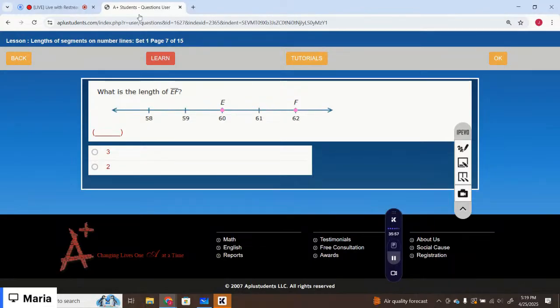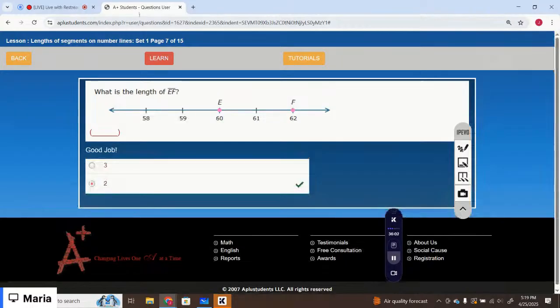That is 2 units. Option number 2 is the correct option.